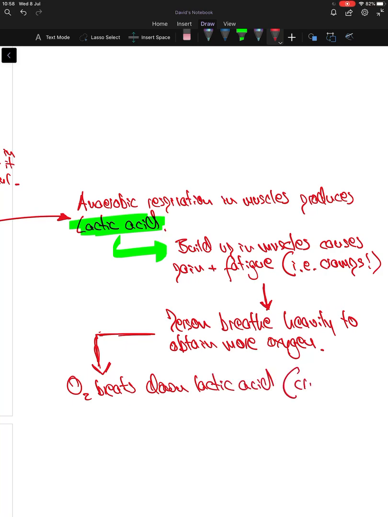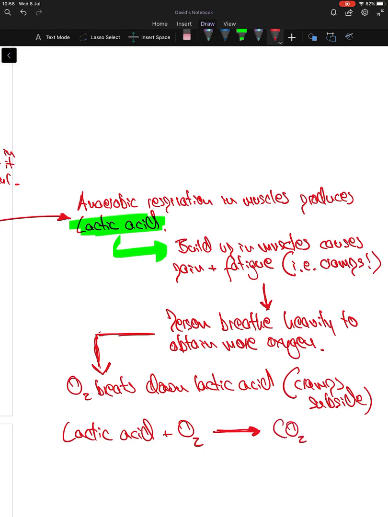And so if that happens, cramps subside, they disappear, they reduce. And they break down lactic acid into carbon dioxide and water. So this term, oxygen debt, is important.